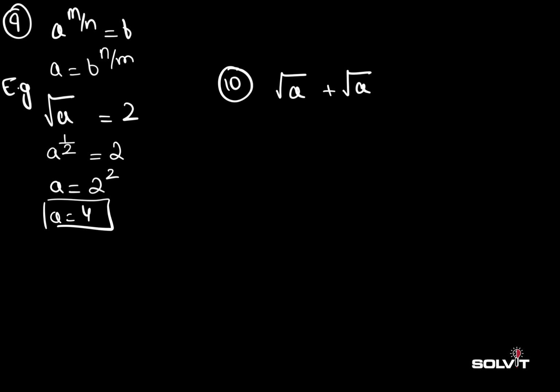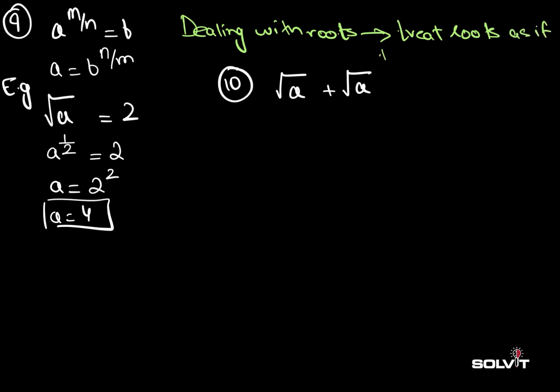So dealing with roots. अब जब भी कभी roots के साथ deal करना है, so that means we are going to treat roots as if they are variables, मतलब इनको छेड़ना ही नहीं है, इनके साथ जो कोफिशिएंट्स हैं उनको छेड़ लो मगर इनको नहीं कुछ भी बोलो.